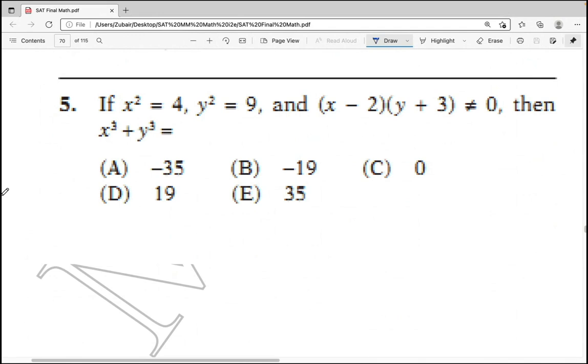Would it not just be 35? You're right again. That will not be 35.